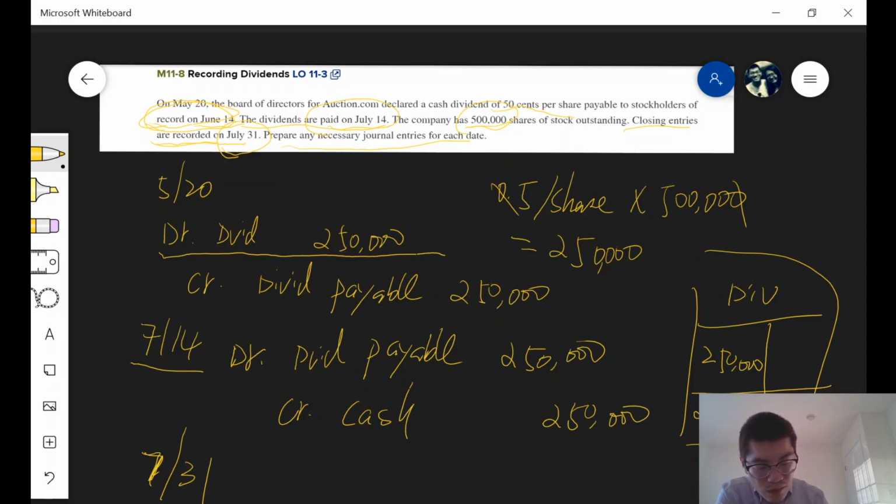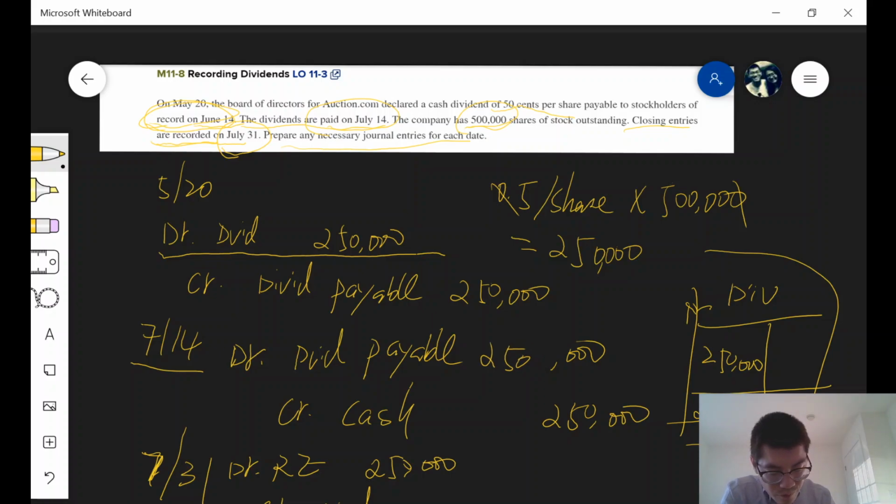We need to reset the temporary account balances to zero, so for a debit balance account like dividends, we credit the dividends account by the carrying balance of $250,000, and reset it off to retained earnings. The retained earnings will decrease by this amount, $250,000.